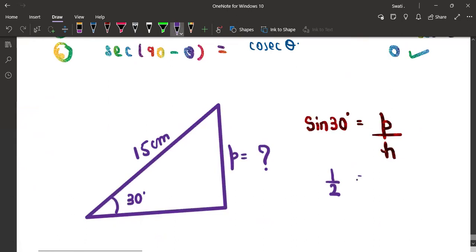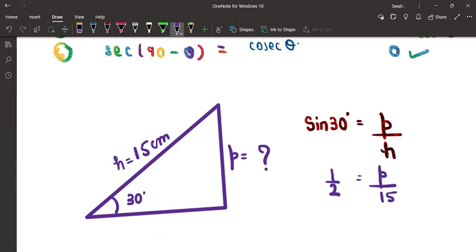What is P? We don't know because that is what we have to find, upon H. What is H? H is given in the question, the hypotenuse, 15. So let it be 15. Now from this, can you not tell me what is the value of P?